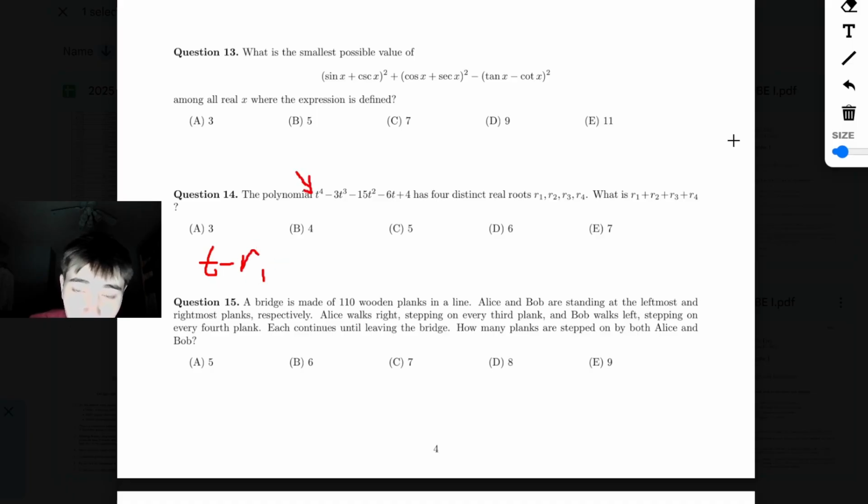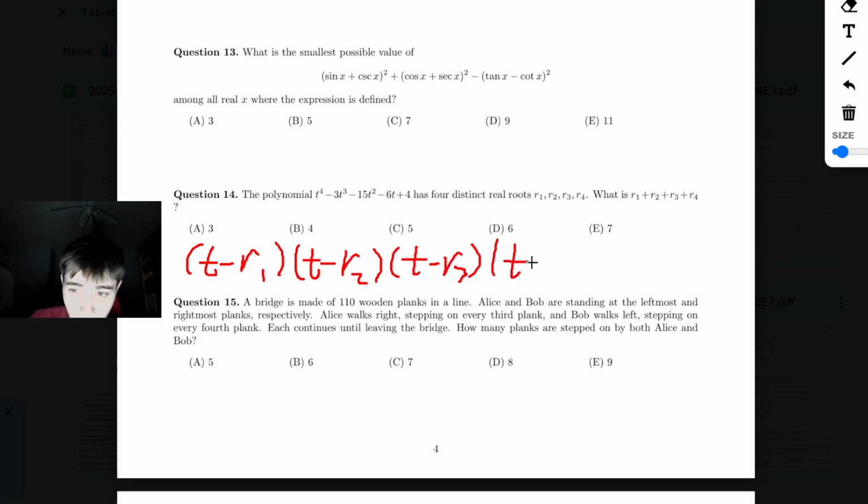Notice that it's monic, which means that its first term has coefficient 1. So if we say that these are the roots, then if we write it as the product (t minus r1) times (t minus r2) times (t minus r3) times (t minus r4), it's the same thing, right?